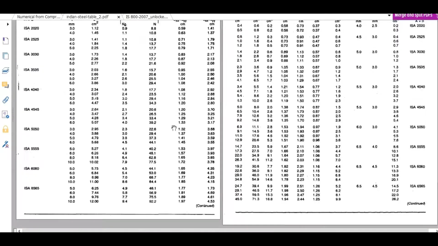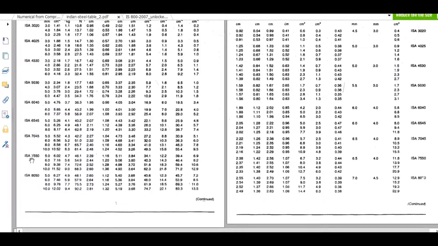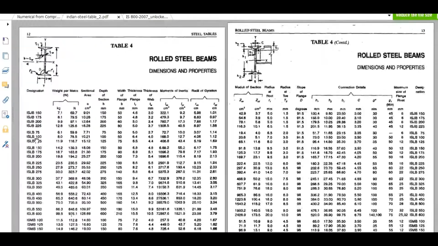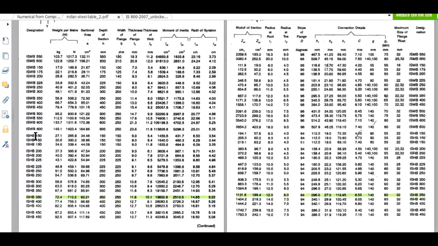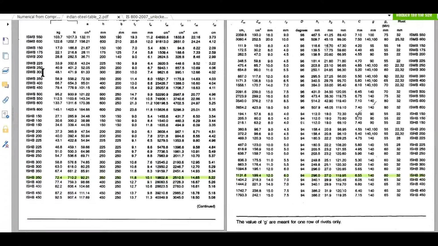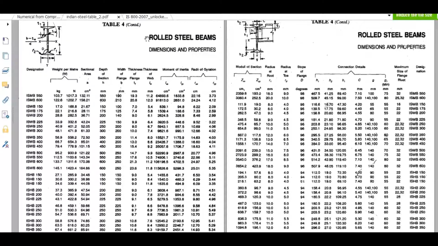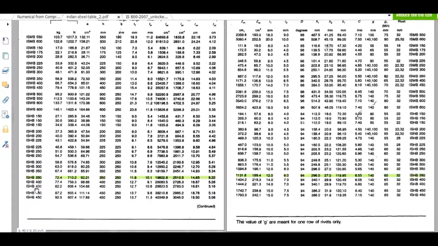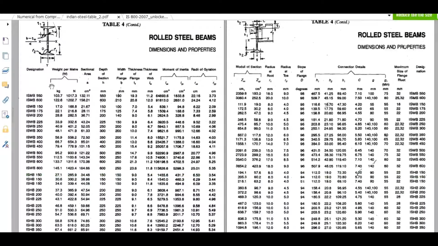In the steel table, you can see different sections mentioned. We need the Indian Standard heavy beam, rolled steel I section beams, ISHB 350, and you can see 710.2.